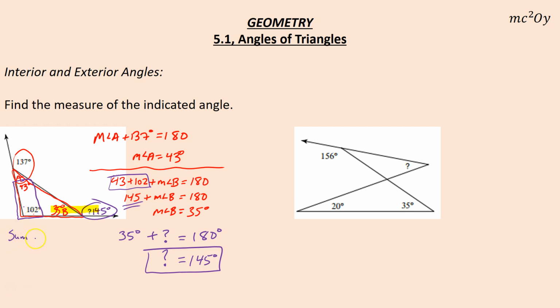So if we take the sum of the two non-included angles, those are called remote interior angles, that's going to equal the exterior angle measure.